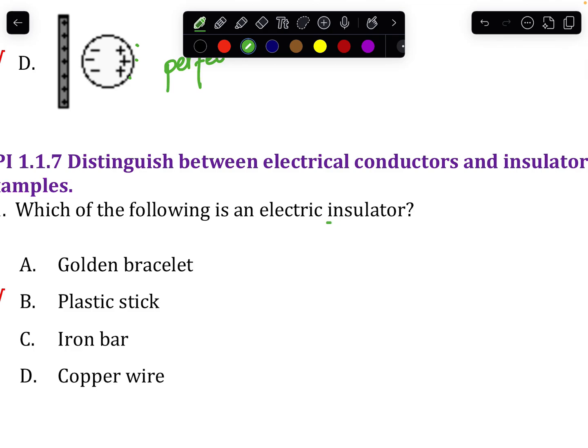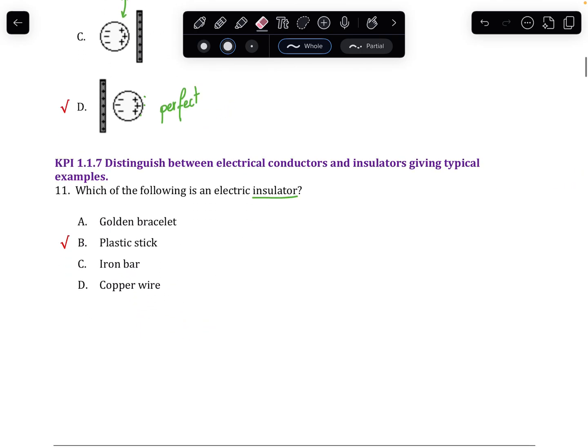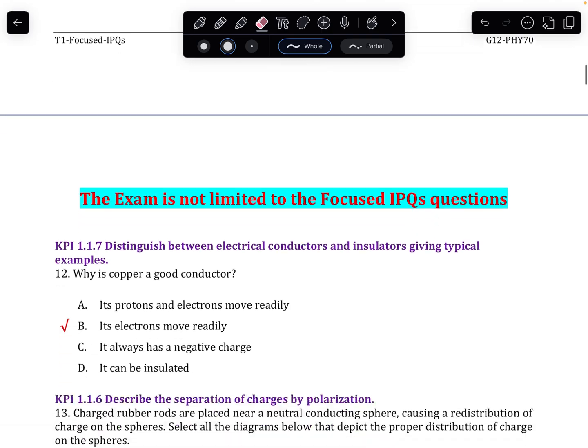So insulator, where electrons cannot move freely. So basically gold, iron, copper are good conductors. Only the plastic is a good insulator, a bad conductor.